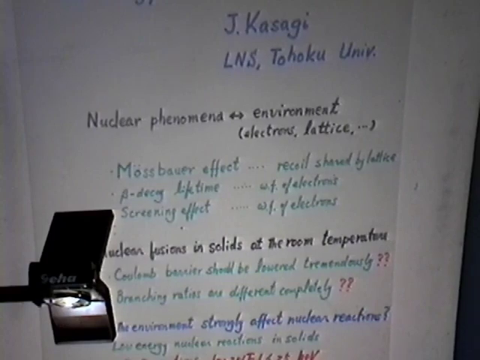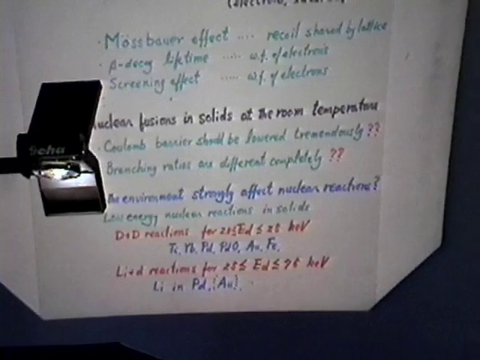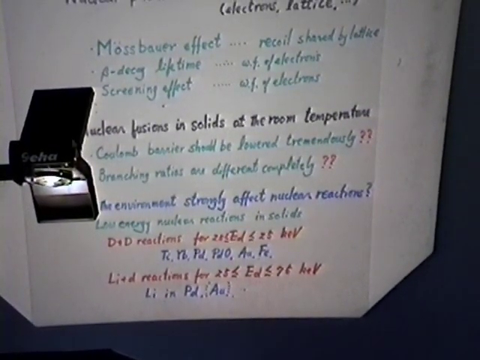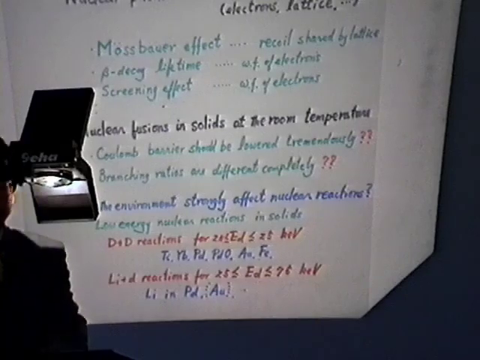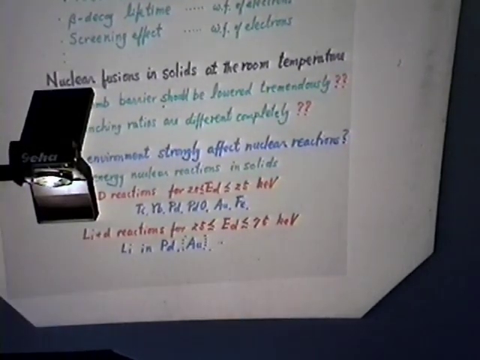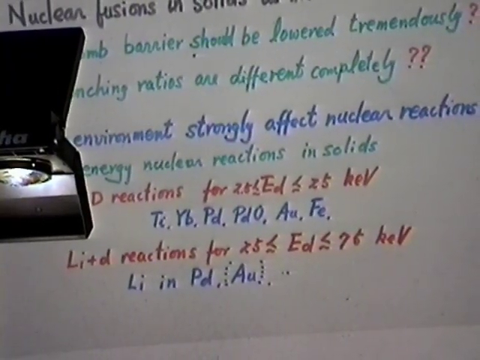There we also find a screening effect, which is mainly caused by the difference of the wave function of the electrons around the nuclei. So if nuclear fusion in solids at room temperature occurs, we really need two things. The Coulomb barrier should be lowered tremendously.